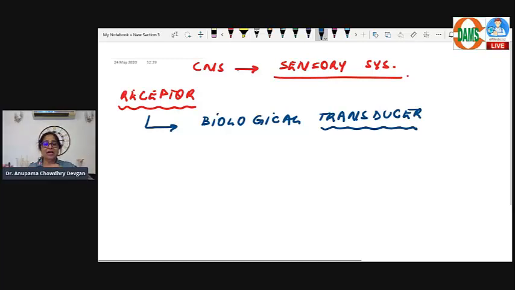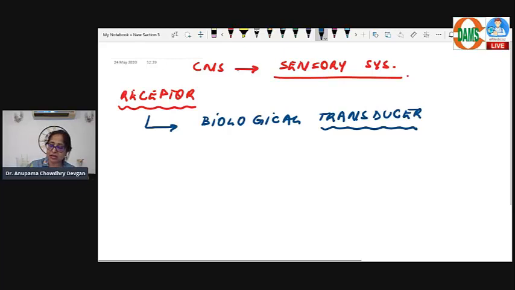After all, what are touch receptors? Touch receptors convert touch, mechanical sensation, into action potentials. Rods and cones in the retina convert light energy to action potentials. The hair cells of the cochlea convert sound energy to action potentials.